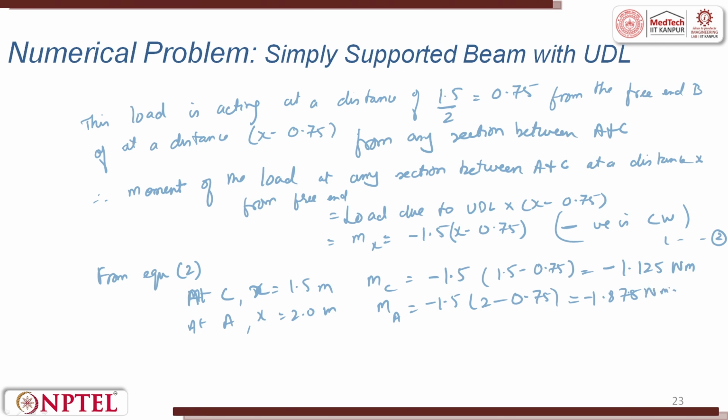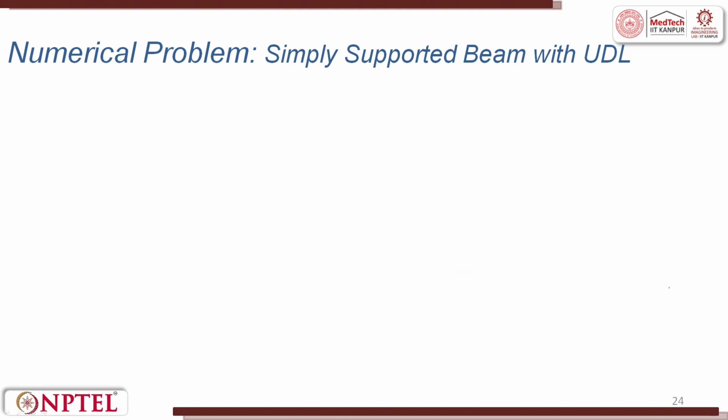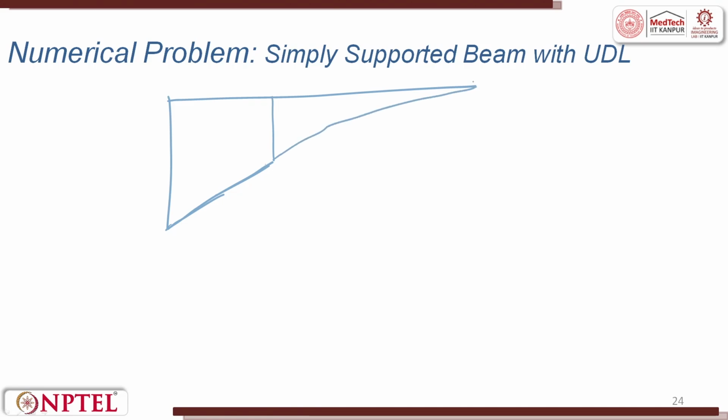So if you see the bending moment, it will be something like this. It will be a straight line, and then after this you will have a small curvature which goes up to here.